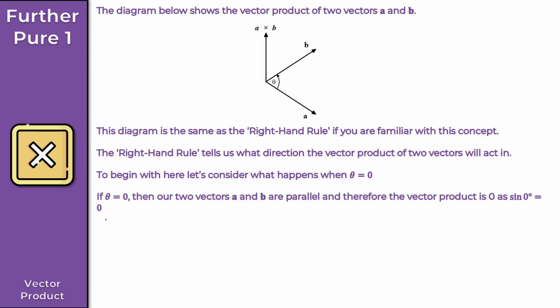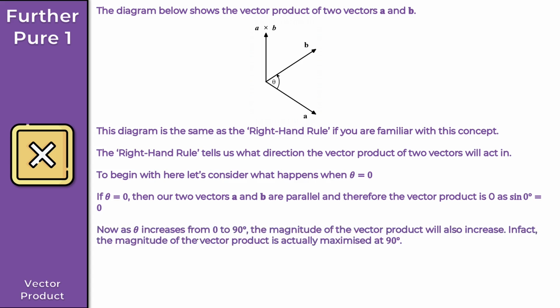To get us started, if theta equals 0, then our two vectors A and B are parallel, and therefore the vector product is 0, as sine of 0 degrees equals 0. Now, as theta increases from 0 to 90 degrees, the magnitude of the vector product will also increase, and in fact, the magnitude of the vector product is maximized at 90 degrees.